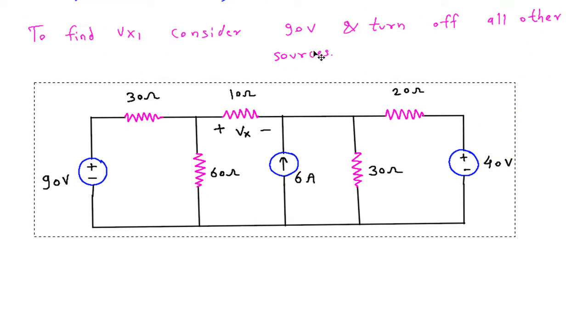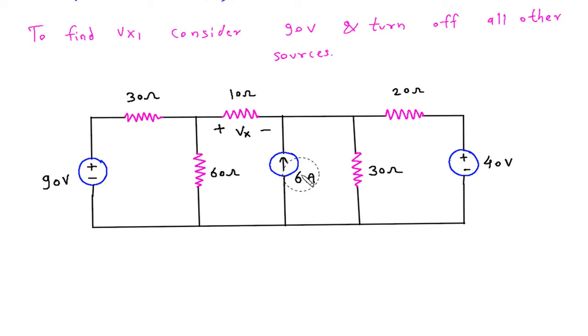When we turn off this current source, it will be open circuited, and this other one is a voltage source, so it will be short circuited, and this will be Vx1.